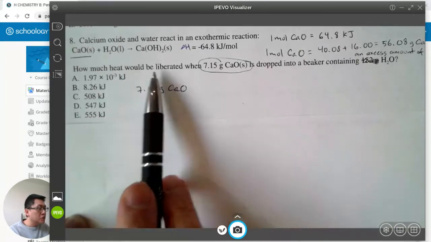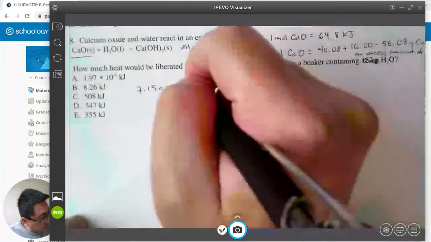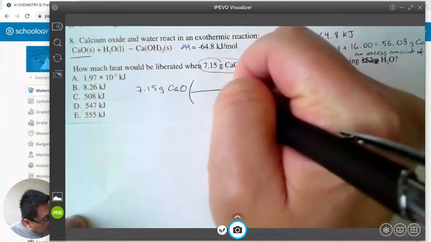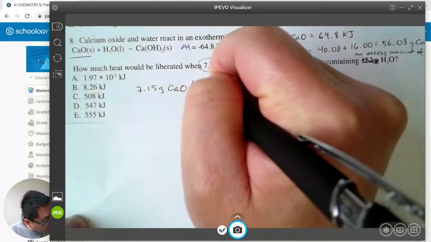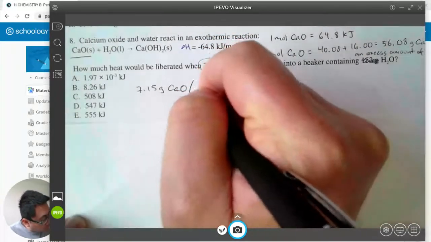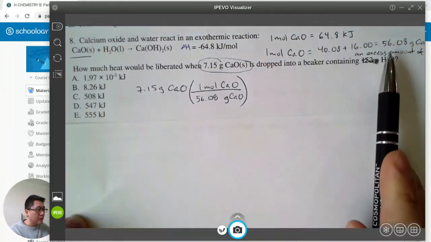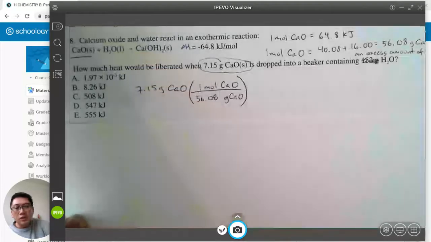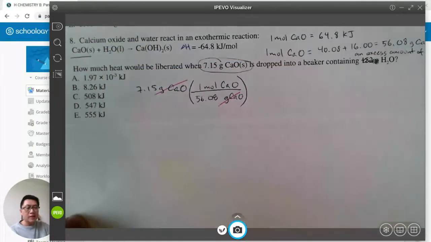Question is, how much heat is given off when 7.15 grams of calcium oxide is dropped in a beaker? So first step, change grams of calcium oxide into moles. And I know there are 56.08 grams of calcium oxide in a mole. That's what I just calculated. So grams and grams cancel out.